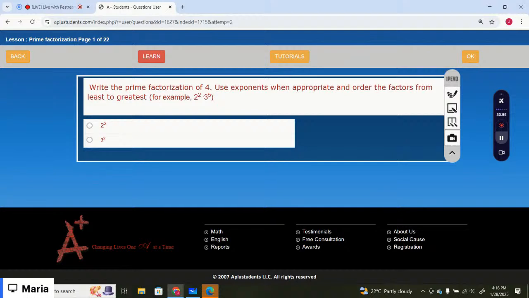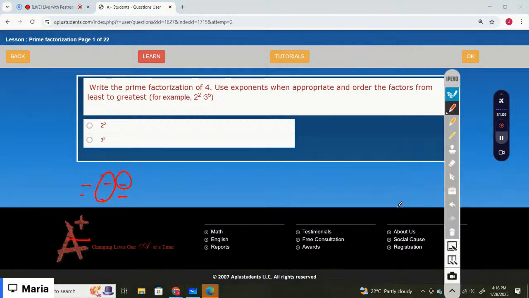Write the prime factors of 4. So we have to write down the prime factors of 4. Start dividing the 4 by the smallest prime number. The smallest prime number that can divide 4 is 2. So 4 divided by 2 is 2. Now again divide 2 by 2. 2 divided by 2 is 1.